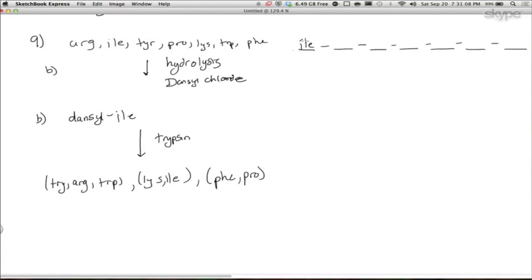Okay, so now we know that isoleucine is first. Isoleucine is also paired with lysine, so that would have to be second because trypsin cuts at lysine and arginine.